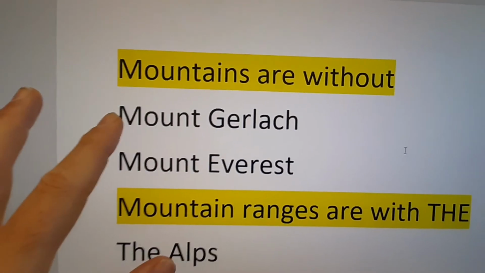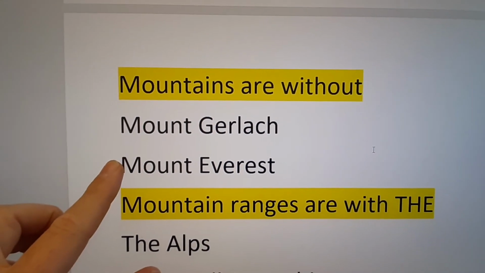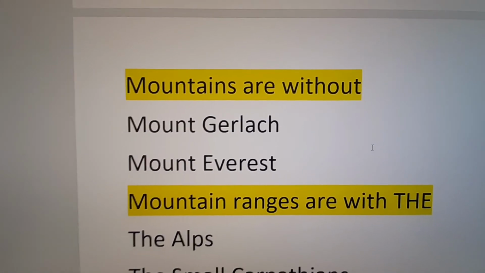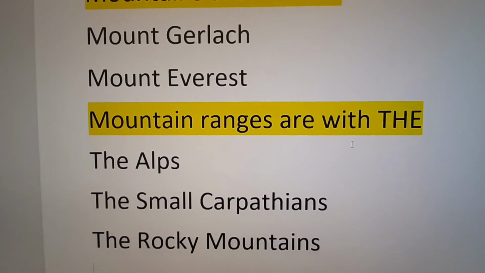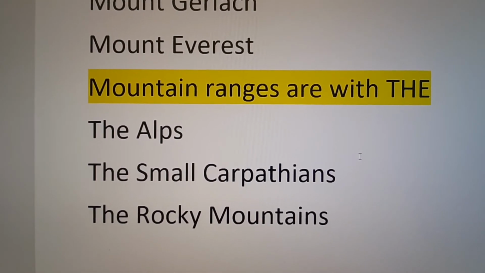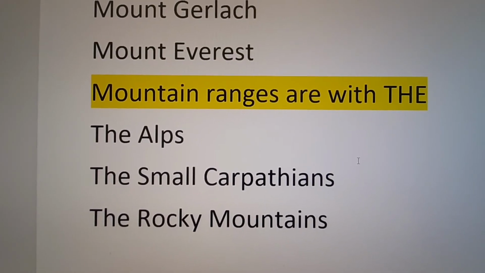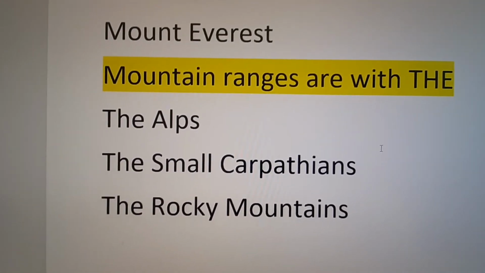I'm going to Mount Risi or Mount Gerlach or Mount Everest, Mount McKinley and so on. But if we talk about a group of mountains, called a mountain range, then we use the. The Alps, the Small Carpathians, and the Rocky Mountains.